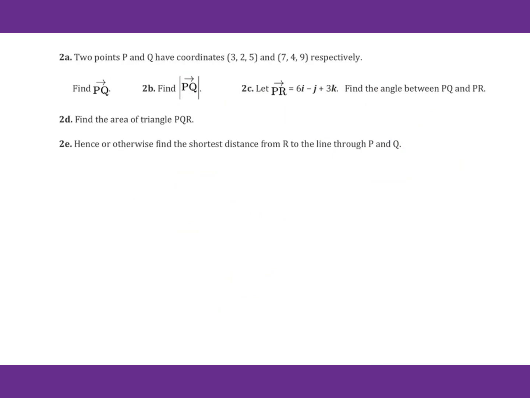Look at 2a. Two points P and Q have coordinates 3, 2, 5 and 7, 4, 9, respectively. Find PQ. Since you are given the coordinates, it is easy: ending minus starting.